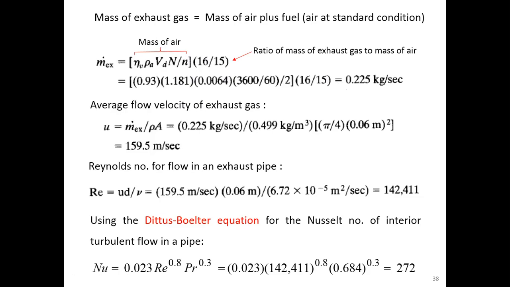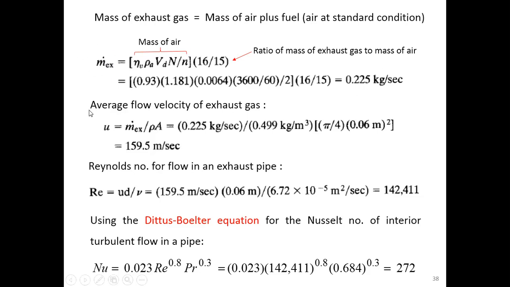So every 1 kilogram of the air, we have the total exhaust equal to 16 divided by 15. So if we have this much amount of the air, the total exhaust mass will be this.